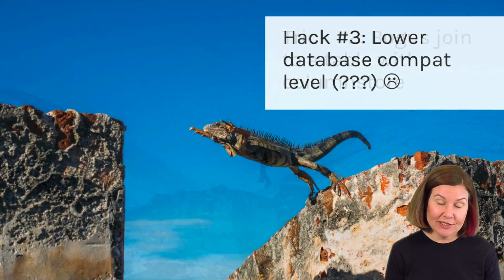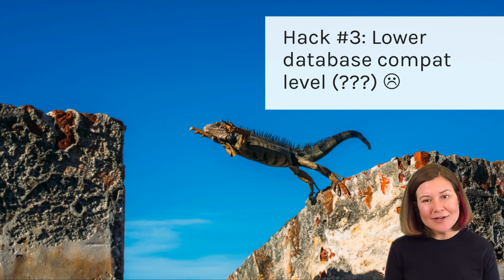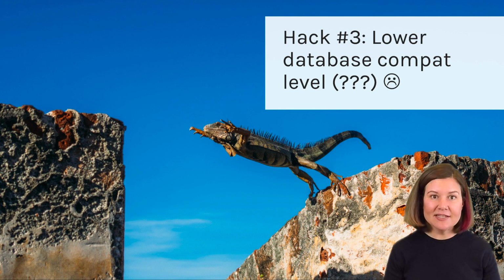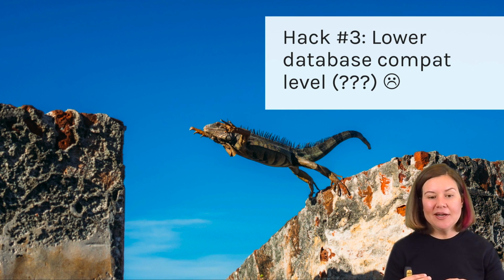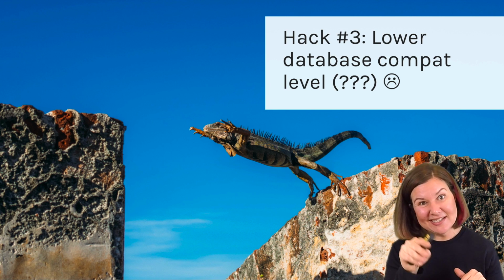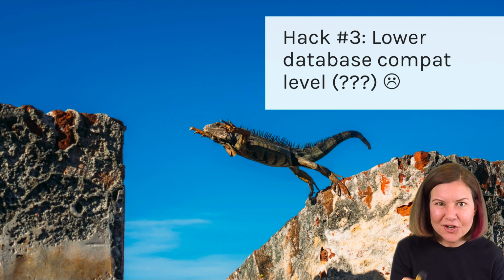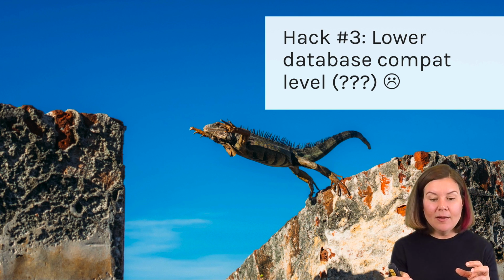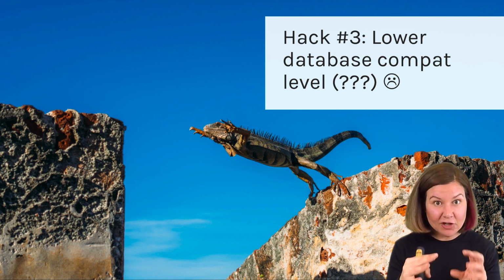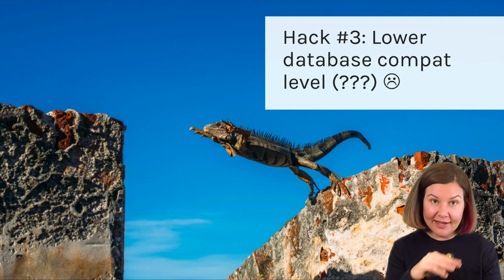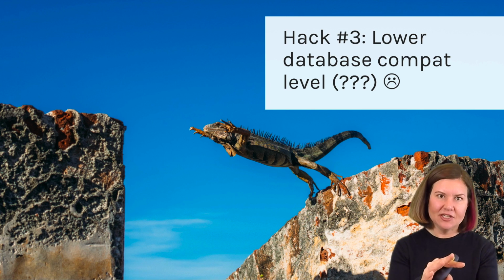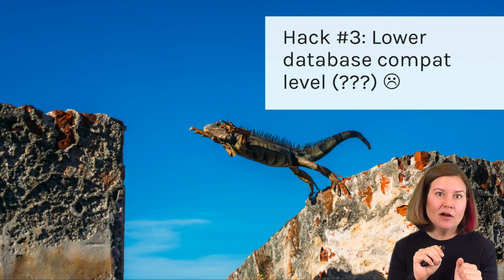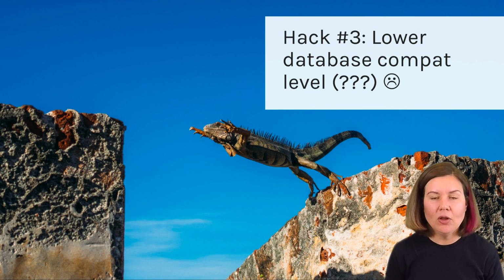Hack number 3, in some cases, if you've got a hint in play, saying, oh, well, SQL Server 2016, compat level 130 doesn't want to do this, so I'm going to lower the compat level. Now, this is in the case where you do still have to have a column store index in play, like it has to exist, but this is a case where SQL Server doesn't want to use it because you're hinting a row store index, for example.